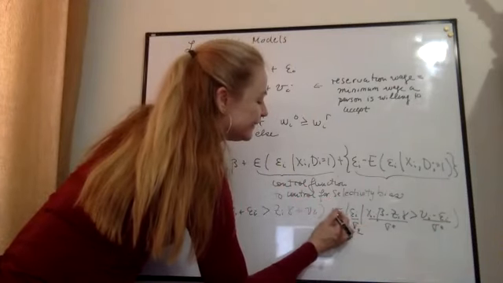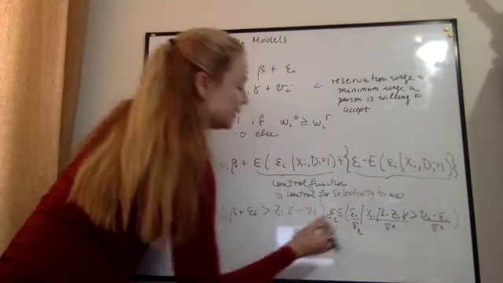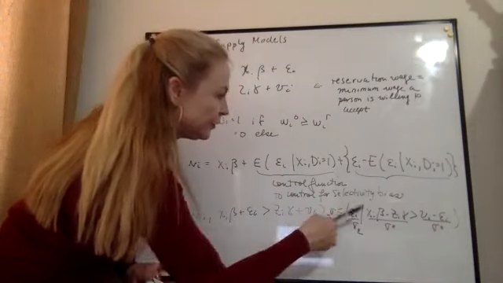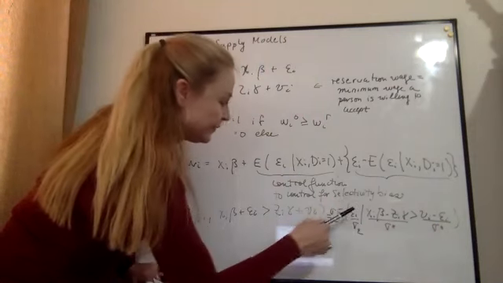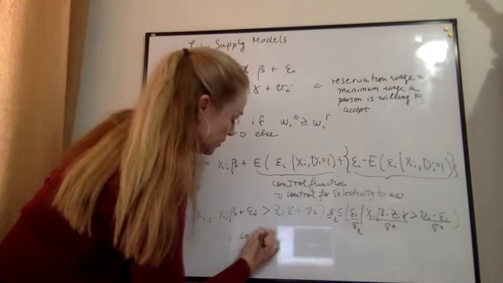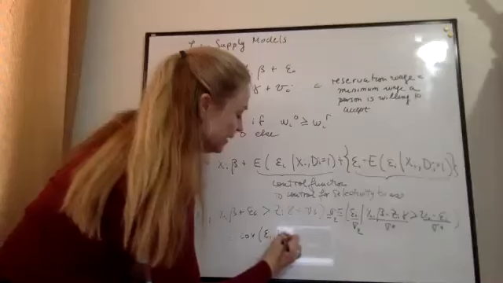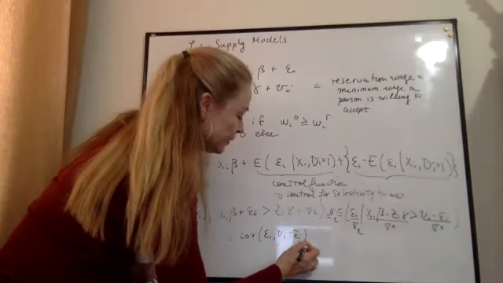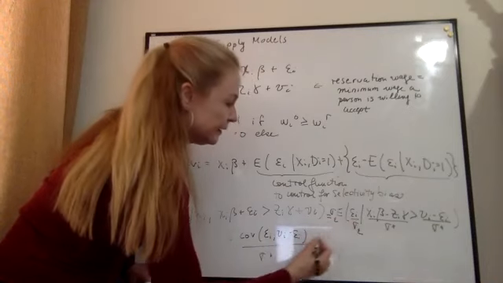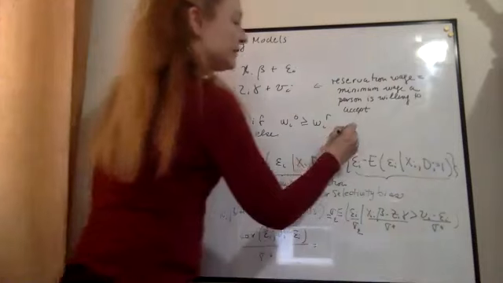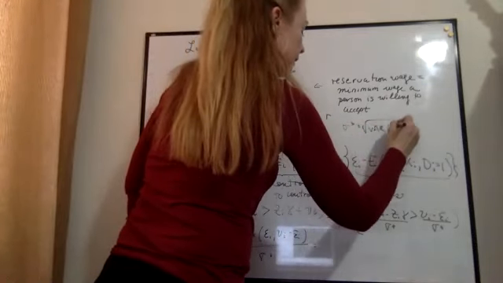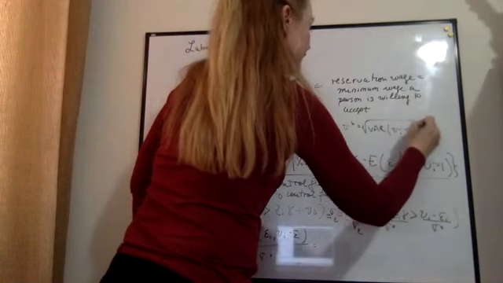I know in the end it usually cancels out, but all right, and so then we'll have the covariance of epsilon_i and v_i minus epsilon_i divided by sigma star, where sigma star is the square root of the variance of v_i minus epsilon_i.